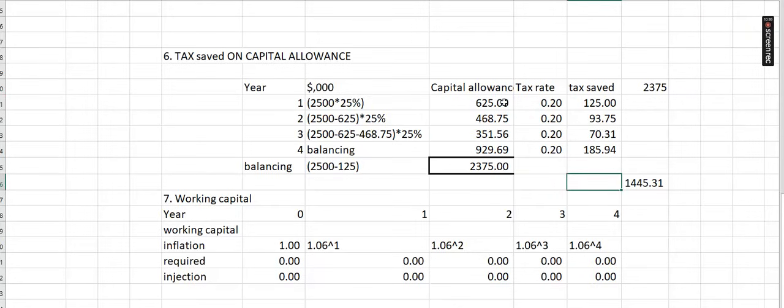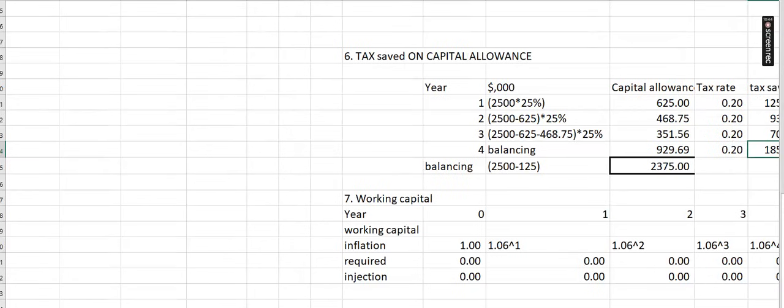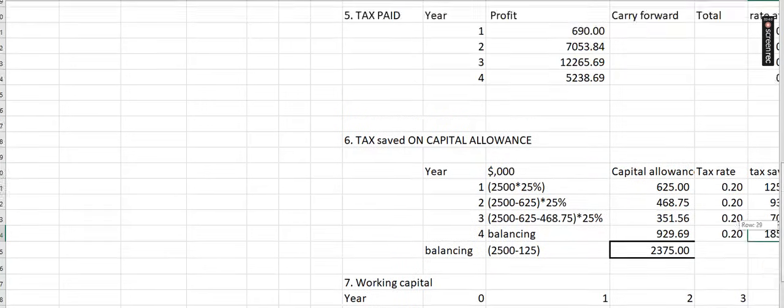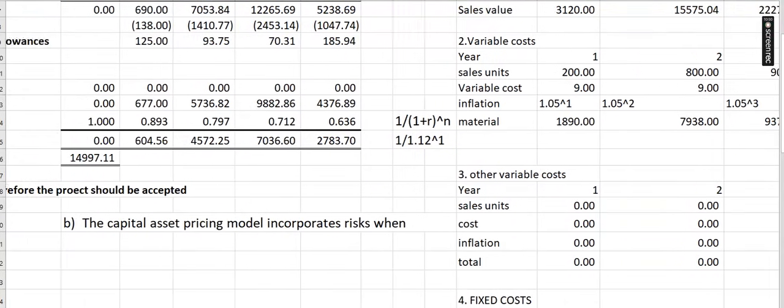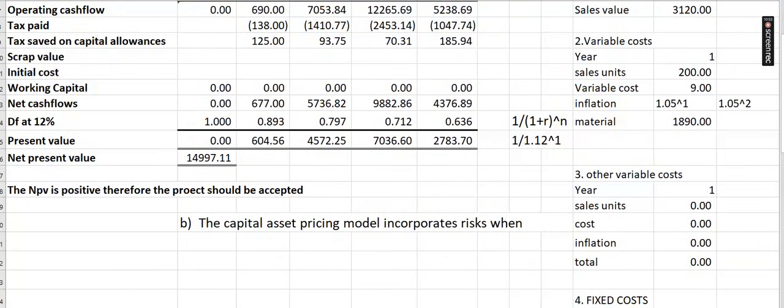Okay, so we are going to copy these figures, tax saved, to our format. So these are the figures, tax saved on capital allowances. I think there's a mistake somewhere. Just copy along.